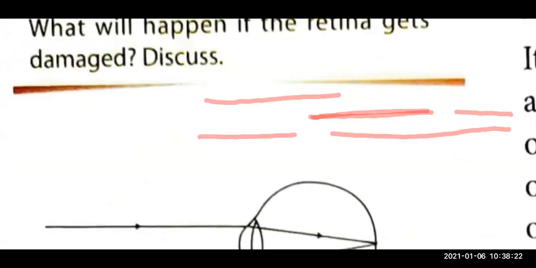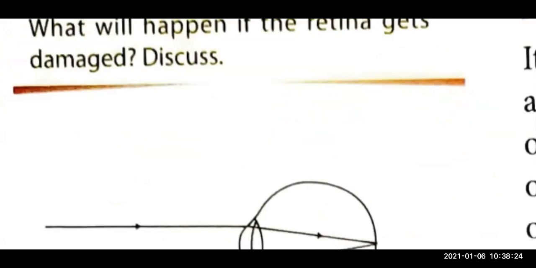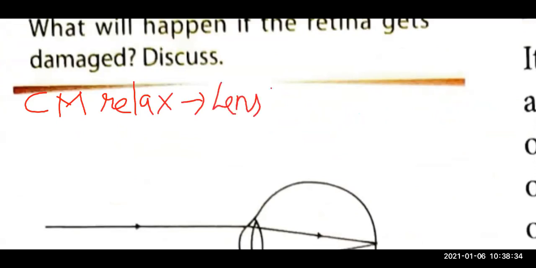You can write that ciliary muscles, I am writing CM for ciliary muscles. When the ciliary muscles relax, the lens will become thin, and when the lens becomes thin, the focal length increases.